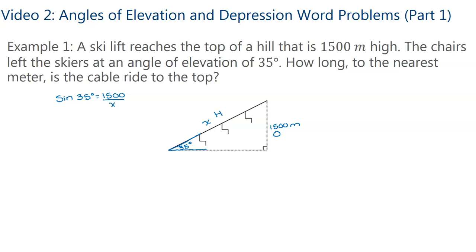Now in order to solve for x, we need to cross multiply. So x times sine 35 equals 1,500. Now to isolate x, we need to divide both sides of the equation by sine 35.